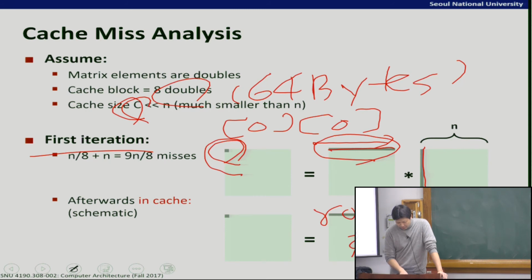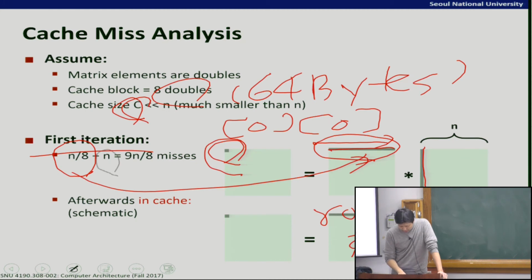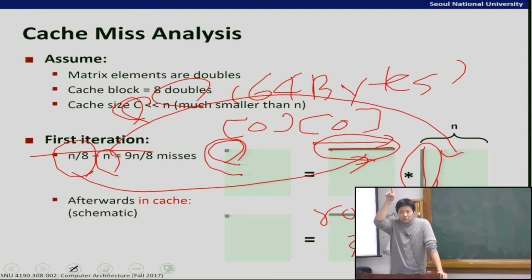So the number of cache misses will be n over 8, because we have a cache miss every 8 element accesses. This one is a pretty bad pattern, so the cache miss rate will be 1 here. So this one generates n cache misses.